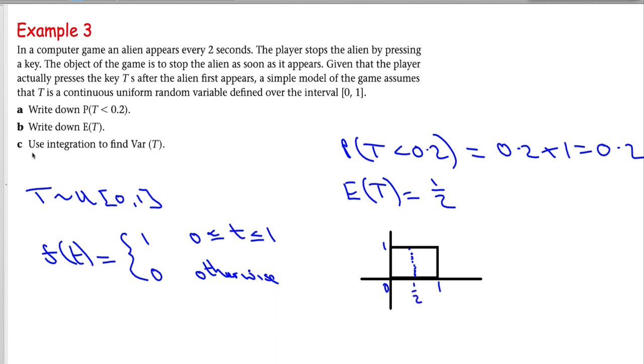And then the last part says use integration to find the variance of t. That means we're going to do the integral between 0 and 1 of t squared dt, so that's the mean of the squares, minus the square of the mean, so minus a half squared.